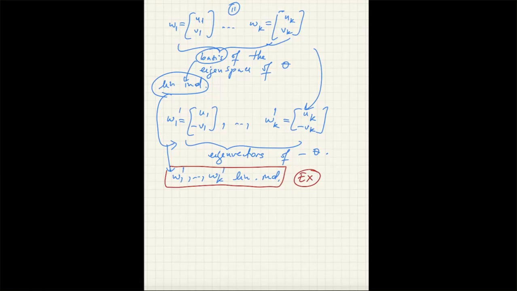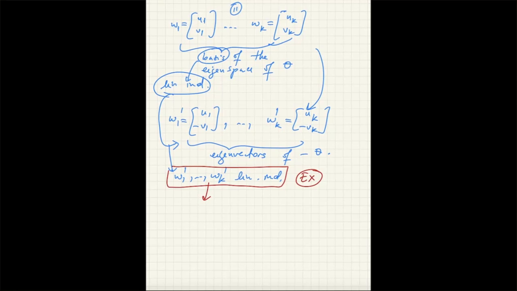So now what does that mean? That means the eigenspace of minus theta has K linearly independent vectors, so the multiplicity of minus theta is at least K. So this implies that the multiplicity of minus theta is greater than or equal to the multiplicity of theta.